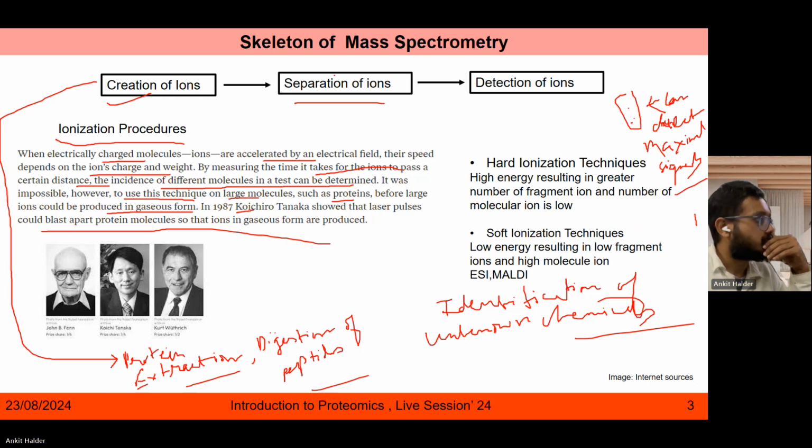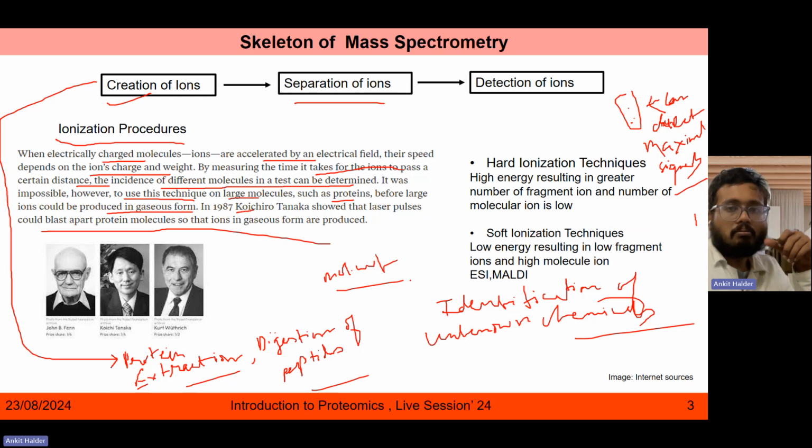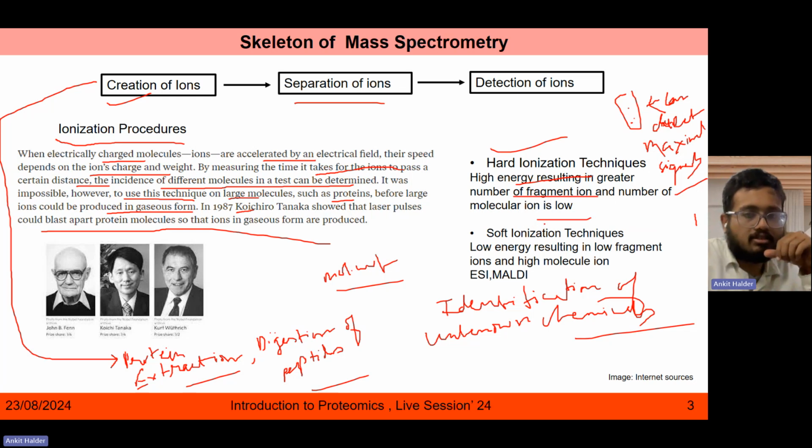For the identification of unknown chemicals, their molecular weight was being used heavily. But these hard ionization techniques resulted in a large number of fragment ions, and the number of molecular ions is low.